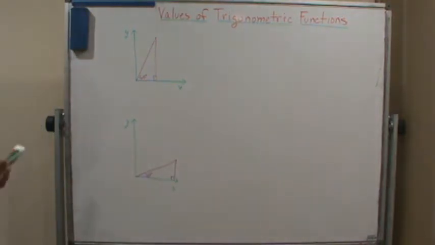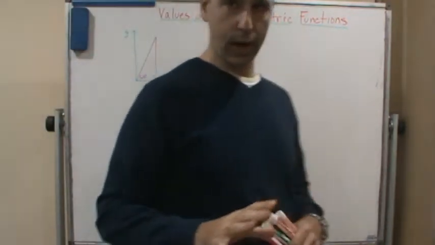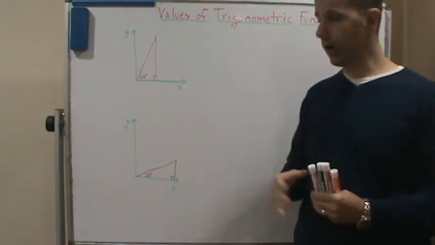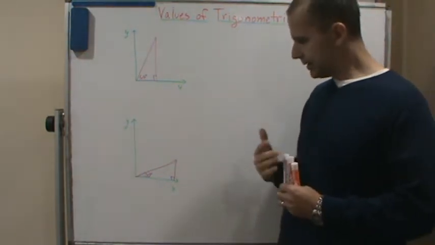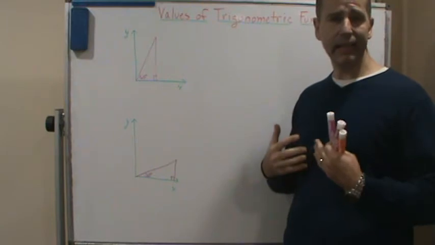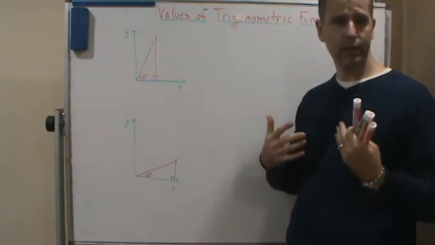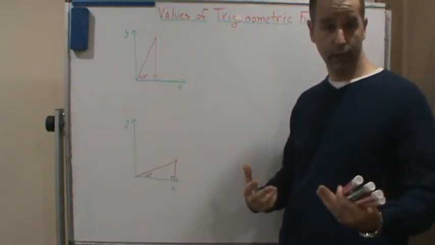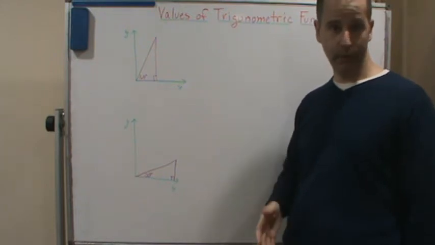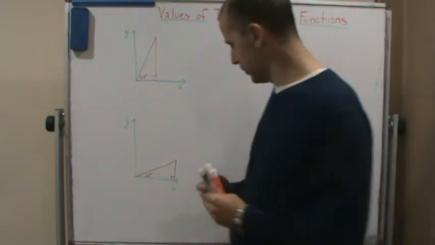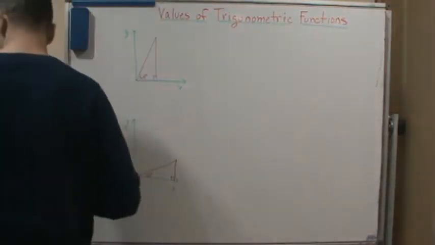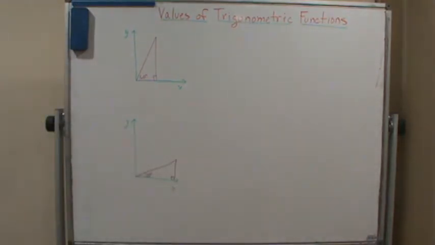Now, one of the special things we know about the 30, 60, 90 triangle is that the side opposite the smallest angle, which is 30 degrees, is half of the hypotenuse. It's one of the things we know. So if we look at the hypotenuse, we use that relationship to fill this in.